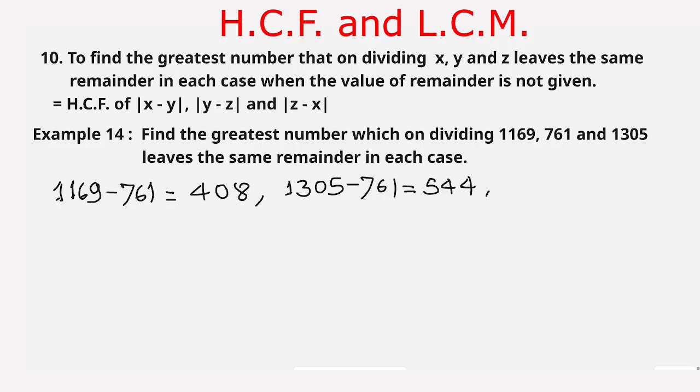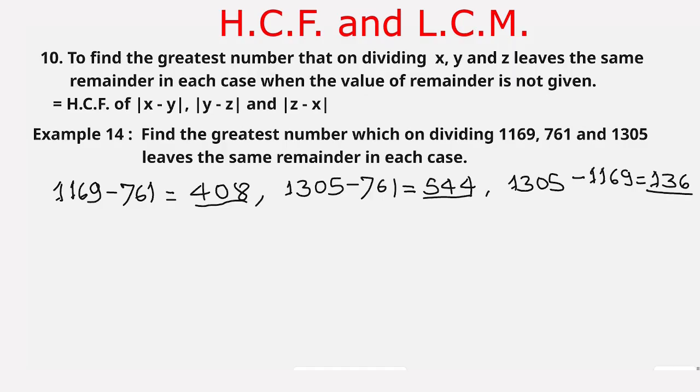And now we find the difference of the other two numbers, 1305 minus 1169, and this is equal to 136. Now we have to find the H.C.F. of all these differences, and these are 408, 544 and 136.